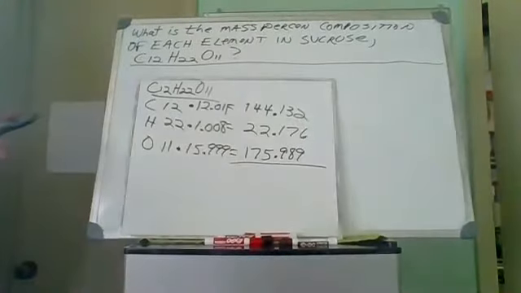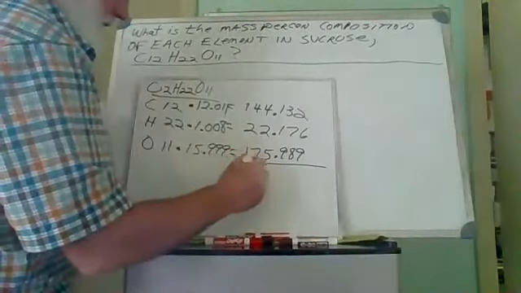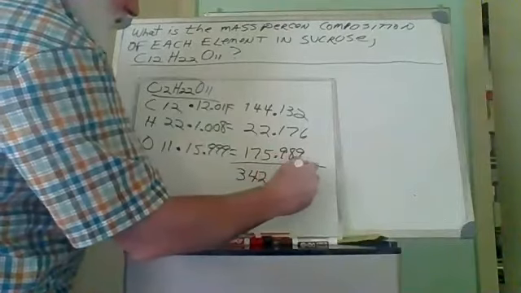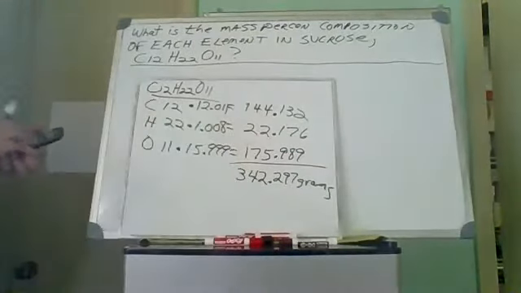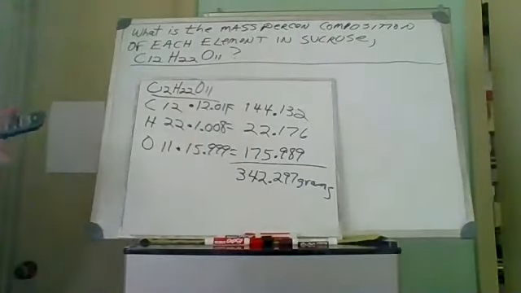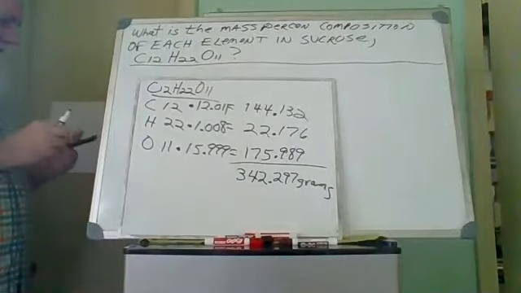Add them up. It doesn't look right. I know it's 342, but the decimal part doesn't look right. Let's try it again. Yeah, that's it. So we'll put that into the first memory and clear the other two. All right, so there's our molar mass.